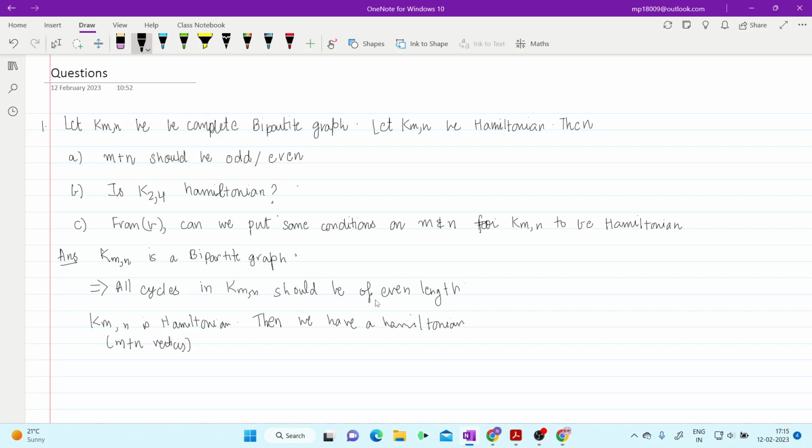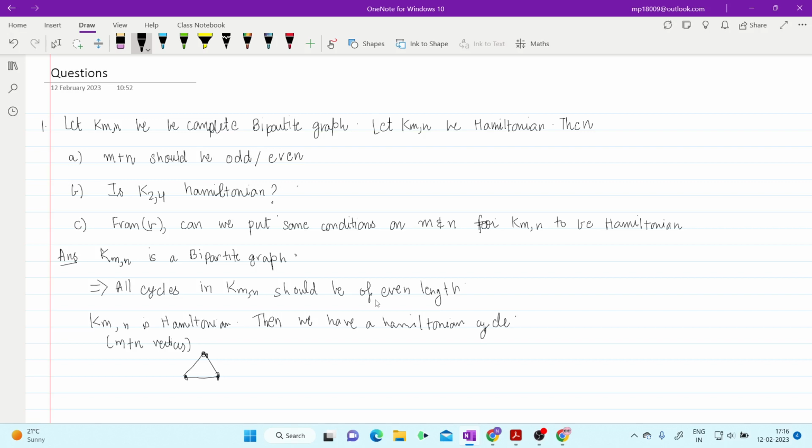And if we have a Hamiltonian cycle, what will be the length of this cycle in Kmn? M plus n minus 1. Why minus 1? Suppose you have 3 vertices, so the cycle has length 3, right? Yes, sorry, you're right. Kmn is a bipartite graph, so all cycles should be of even length.